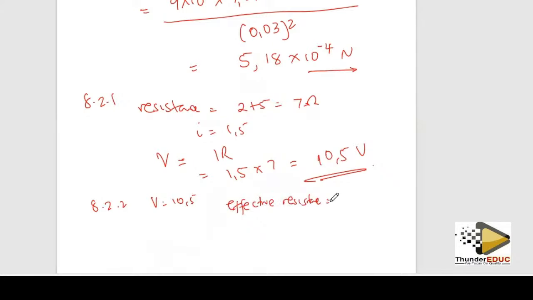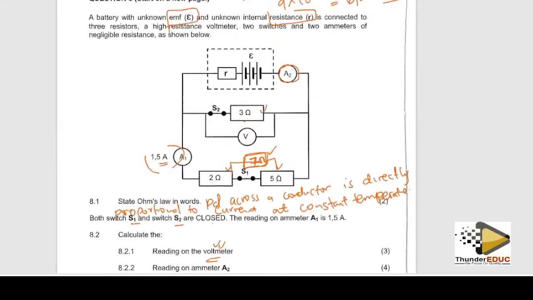Someone can get the effective resistance, but why should I go the long way? I know I don't need to combine. The voltage across a parallel combination is the same. So 10.5 is across this, 10.5 is across the 3 ohm. Why can't I just get the current?